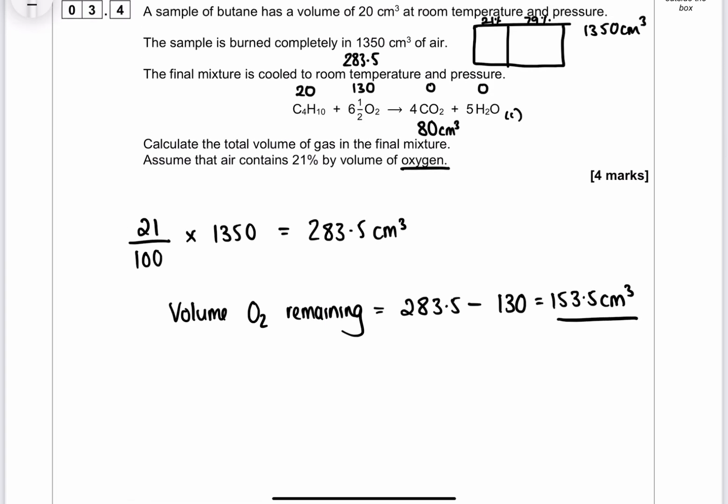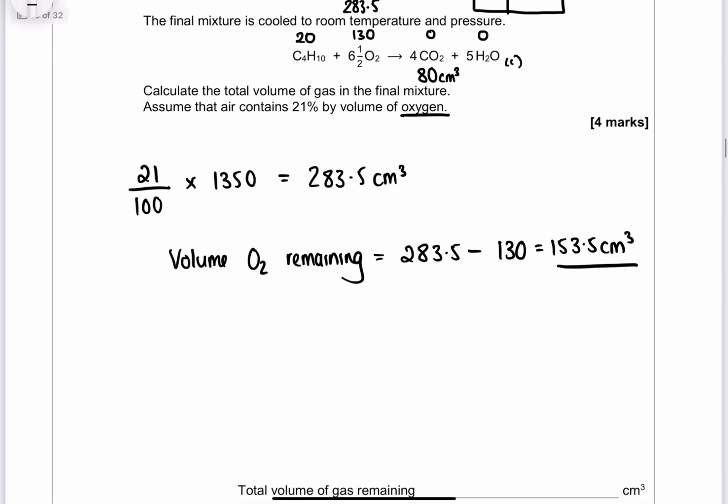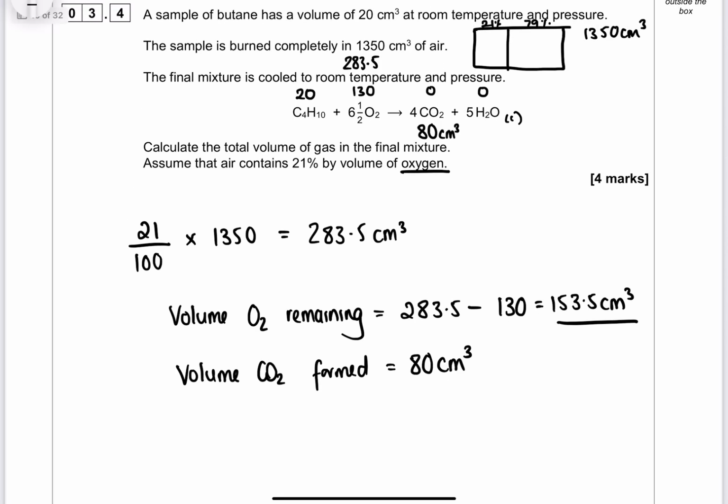We know that we made 80 centimetres cubed of CO2. But how much of the gas was left just from the air? Remembering that this was 283.5, what was the 79%? You can either do 79% or subtract 283.5 from your 1,350.